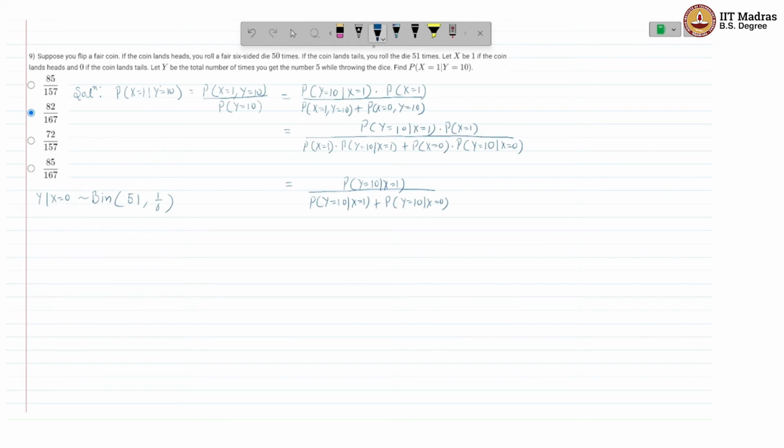Similarly, Y given X is equal to 1 will follow binomial 50 comma 1 by 6, for the same reason.